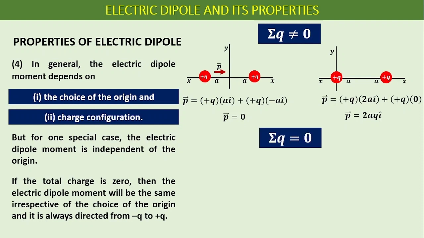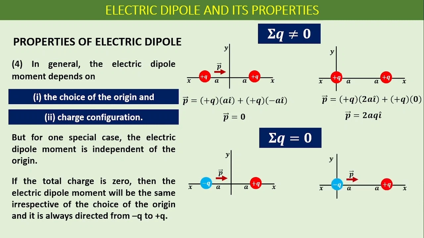Let us check now. The total charge of the system equals 0. Here you have two charges equal and opposite, so the total charge is 0. The origin is at the center of the dipole. Here the same system, but now the origin is at one of the charges, that is on the negative charge. Let us check the dipole moment for these two cases separately.